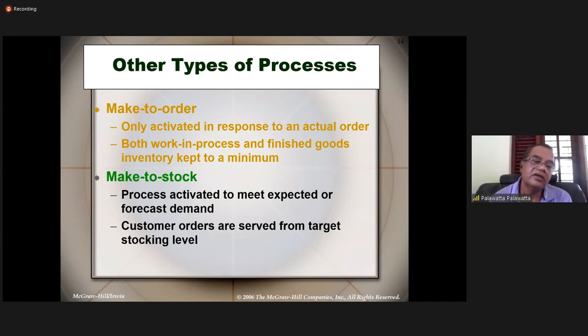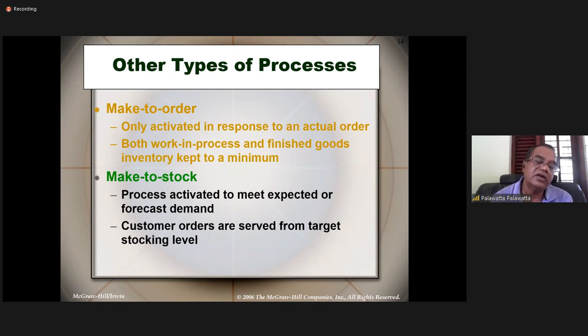Production is activated to meet the expected forecast demand, and based on it, product is produced and kept in stock. Once the orders are received, it is supplied from the stock, or for that matter, inventory. So that's how make to stock works.